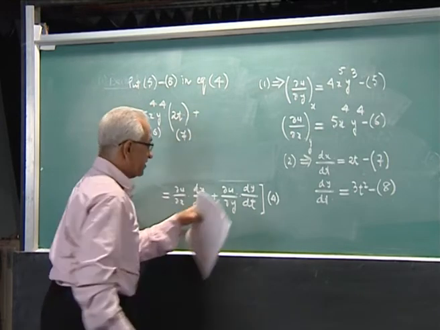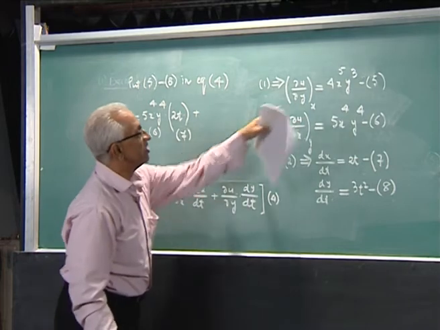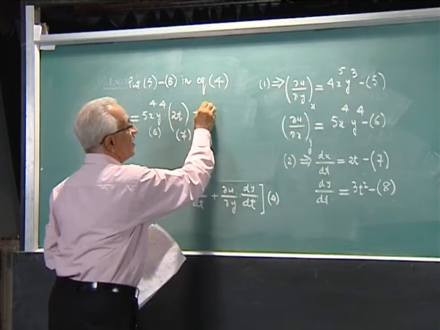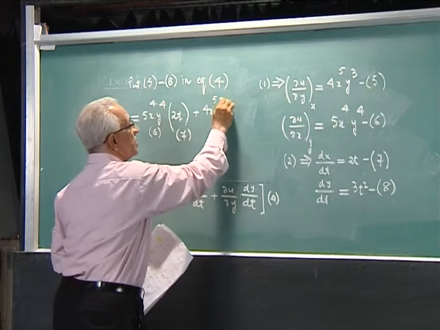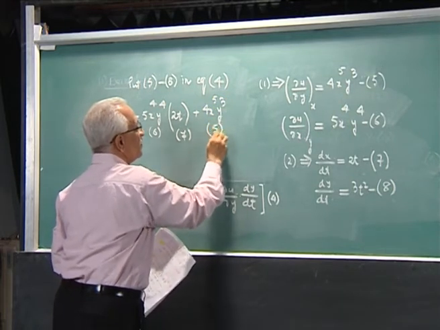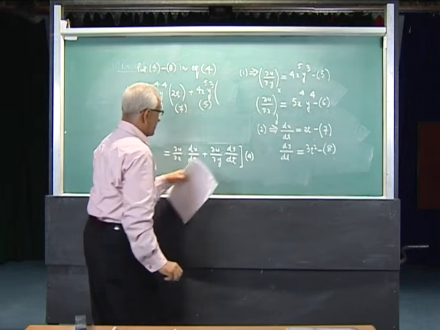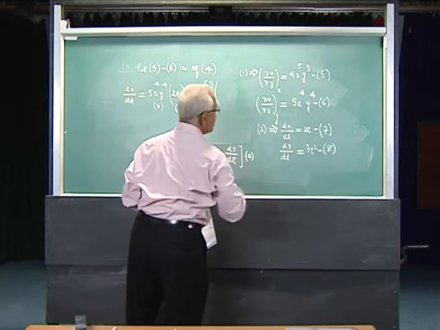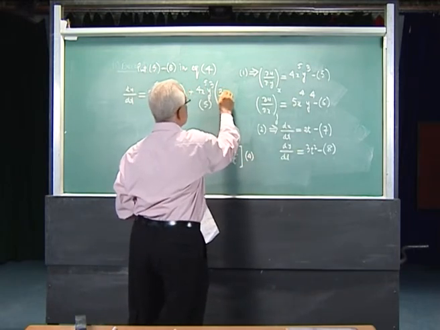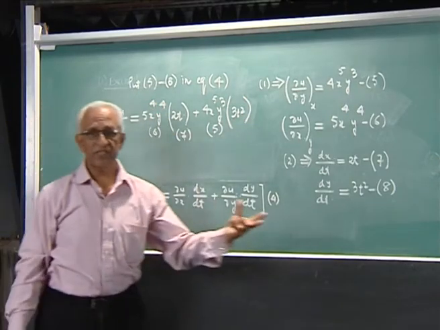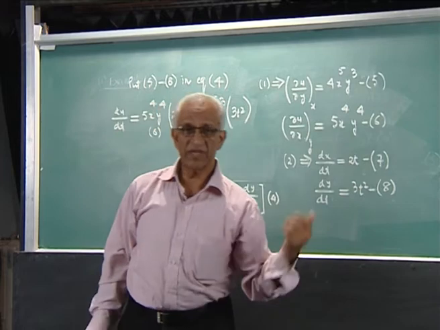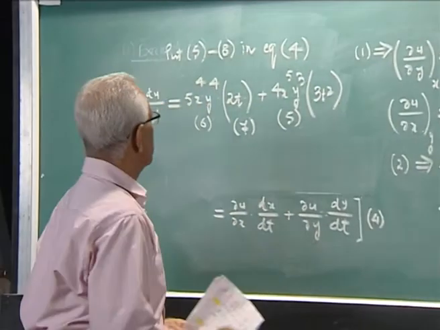Plus we have du dy to be taken from the fifth equation, and that is 4 times x to the power 5 y cube. This is from the fifth equation, multiplied by dy dt from the eighth equation, that is 3t square. So simple, as you can understand, we are simply substituting these values.